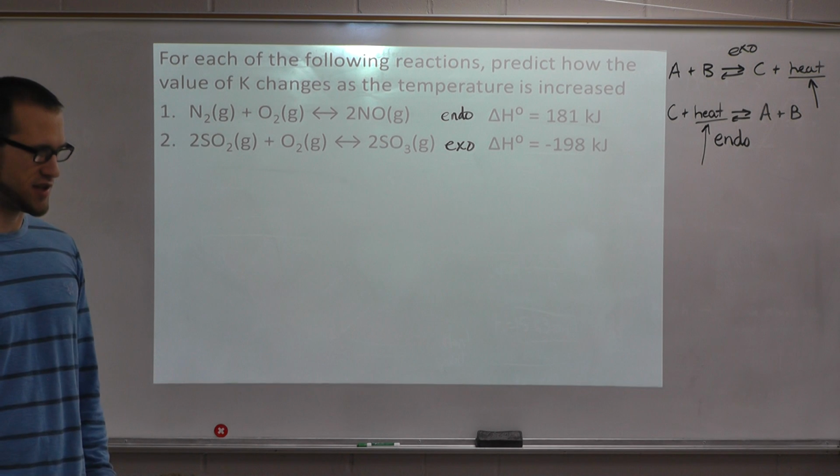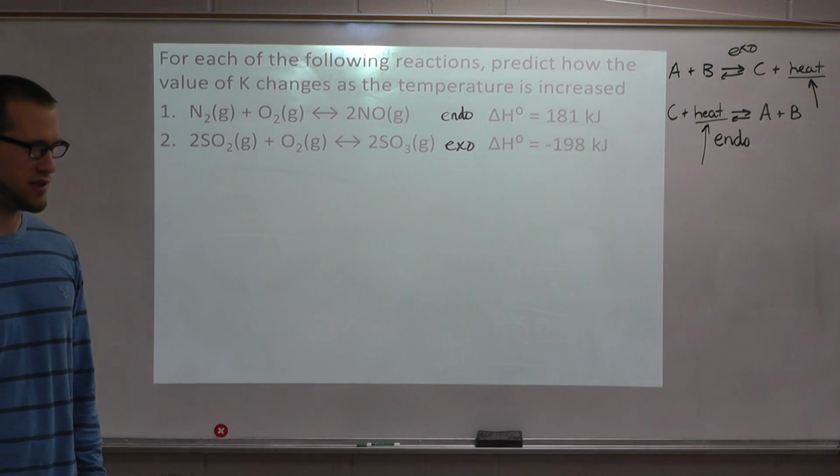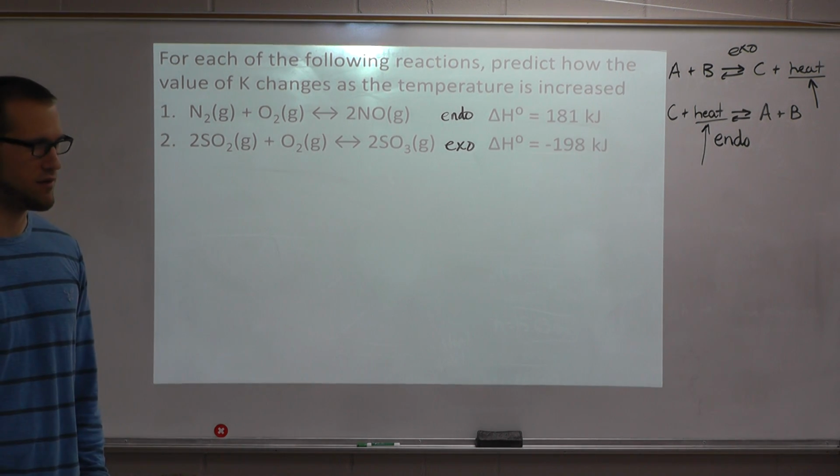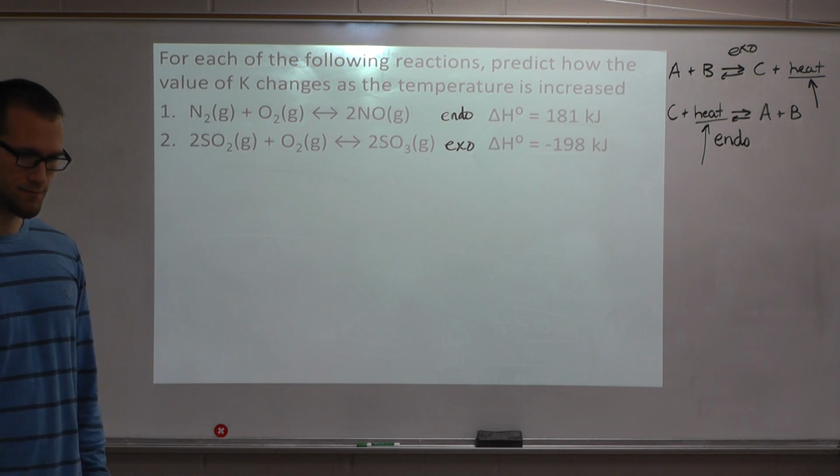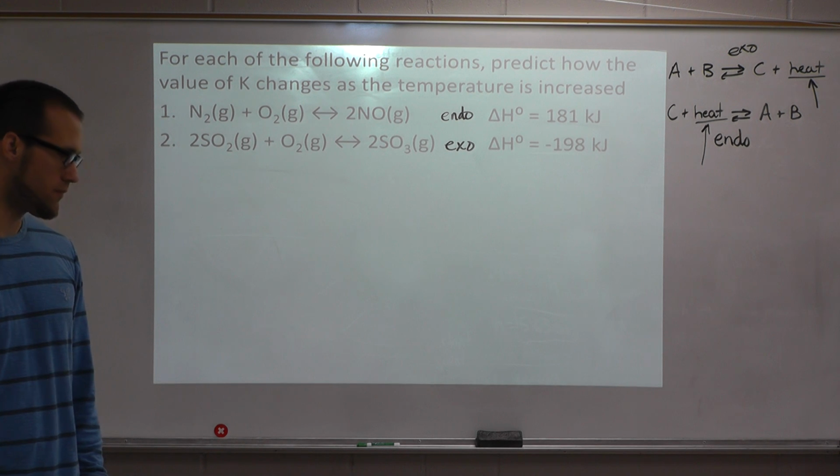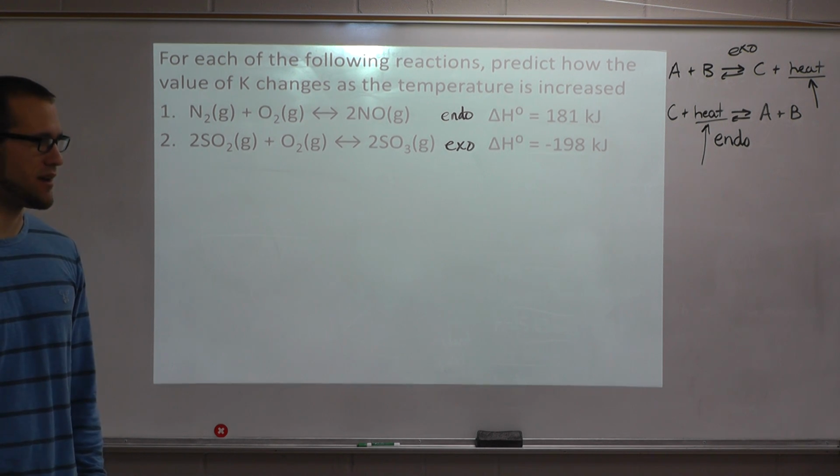Because we know the K values are going to change in these. How will they change? Will they go up? Will they go down? You should be able to predict that. Think about which way you're shifting, and what would have to happen to K if you shift that way.